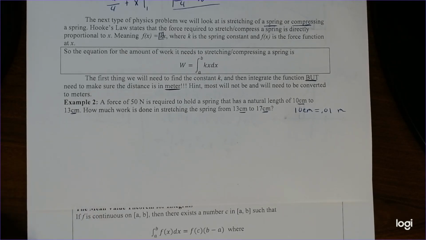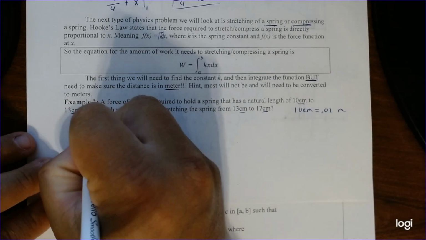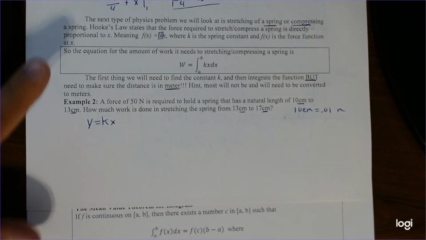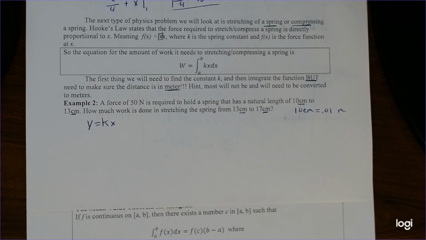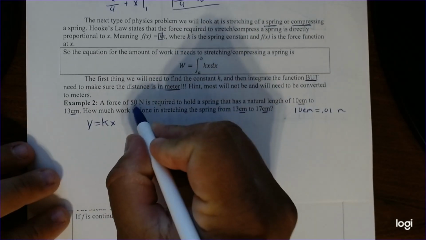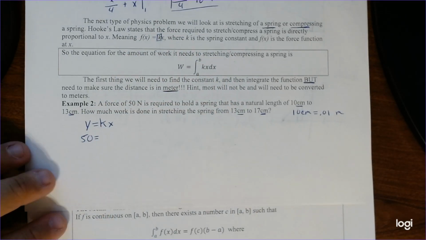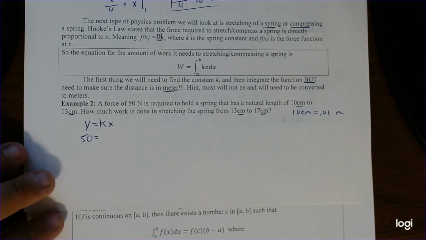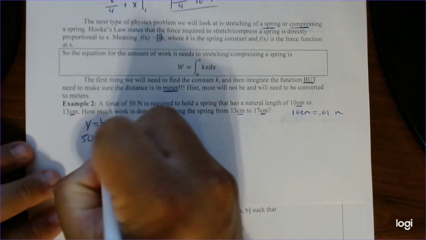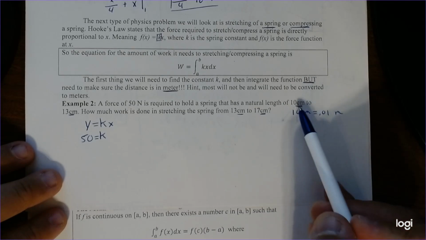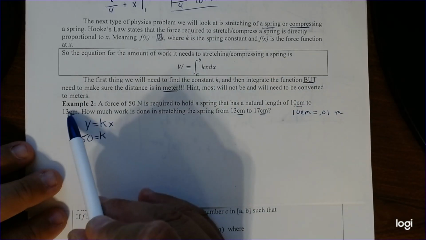So we know that f(x) is equal to k times x, because it's directly proportional according to Hooke's law, and we want to find k. We know it's 50 newtons, that's the force itself, our function f. So at 50 newtons, what is the k value? Well, it tells us we go from 10 up to 13.